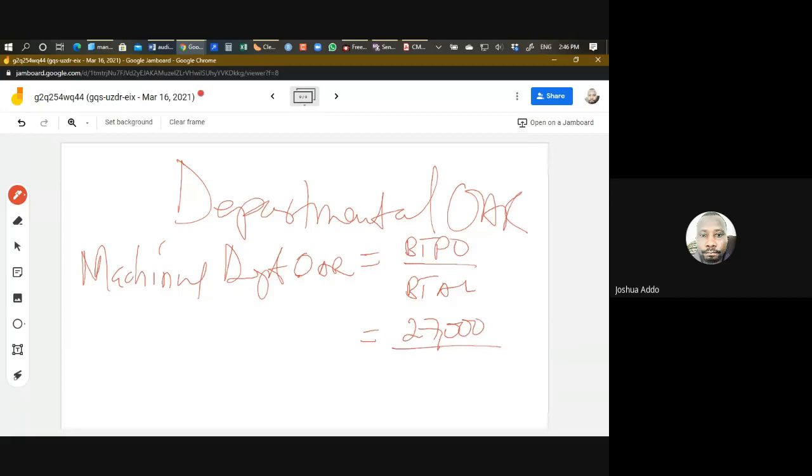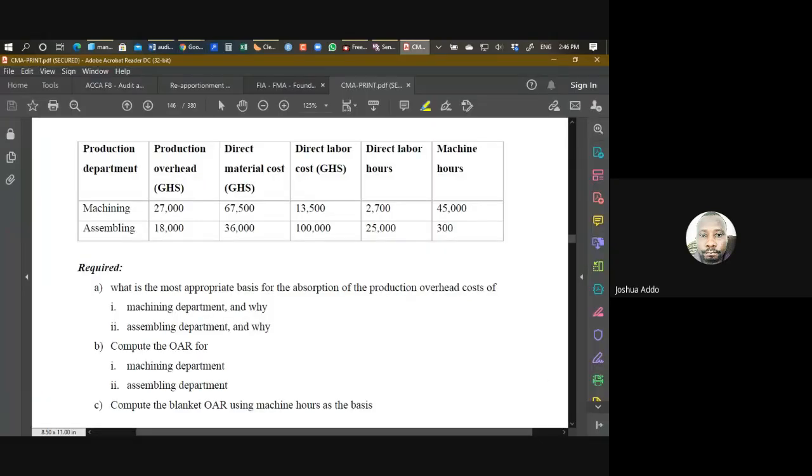27,000 divided by total budgeted total activity level. The activity is machining, and the activity level is the number of machine hours. So the number of machine hours in that particular department is 45,000.